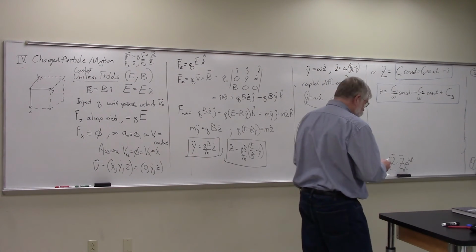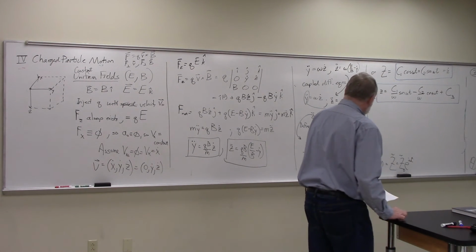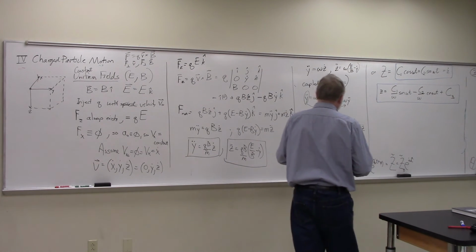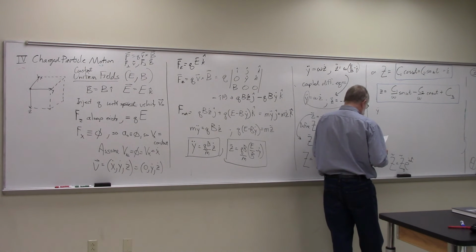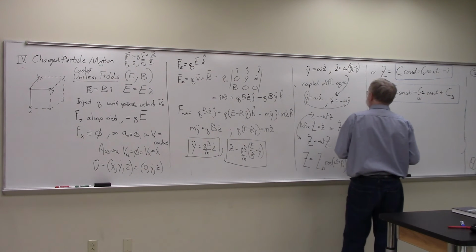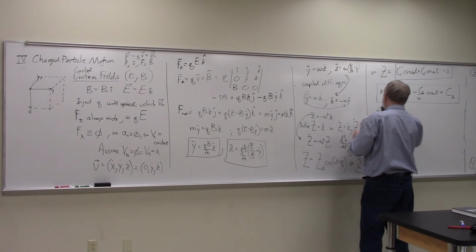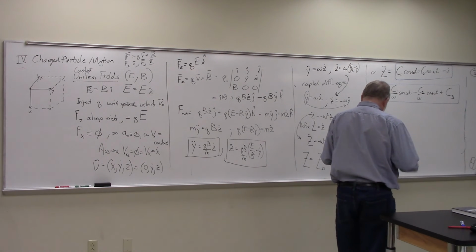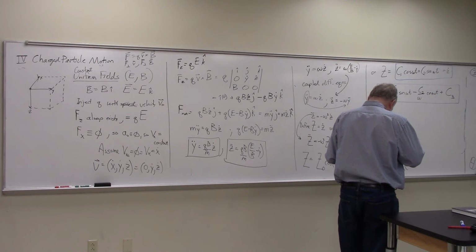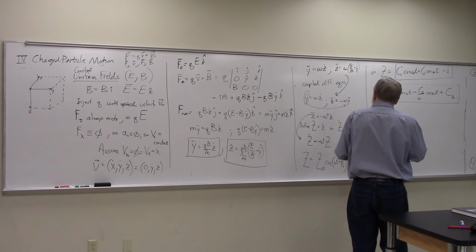All right, so we solved for the Z motion. Now we need to look at the Y motion. Well, let's see, Y double dot. Let's use this one.